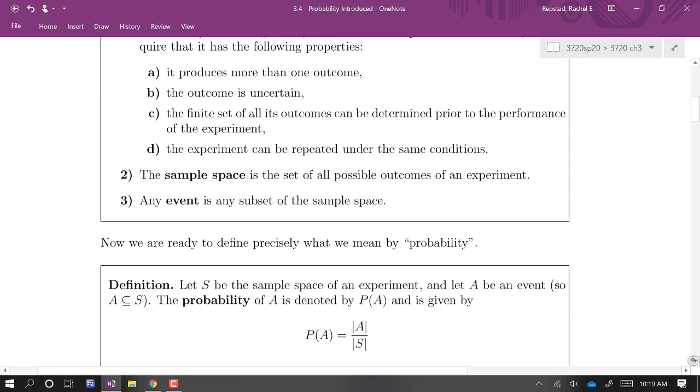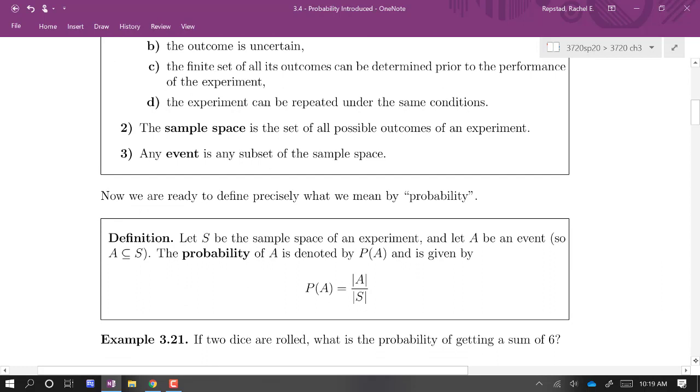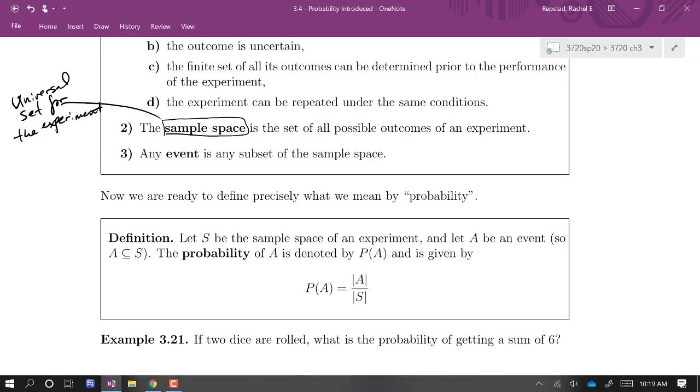And now we can define probability. So let's suppose we have a sample space. Think of the sample space, by the way, as sort of like the universal set for the experiment, right? And it's all things under consideration. So suppose I've got some sample space, which we usually call S, and A is some event.